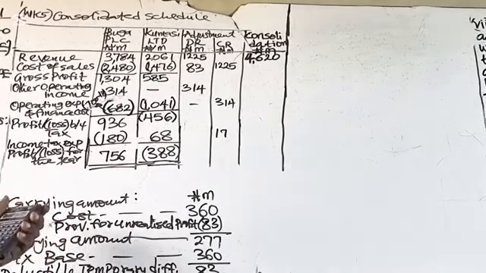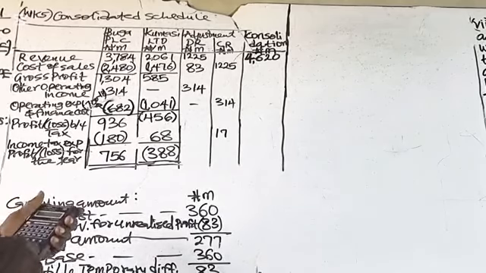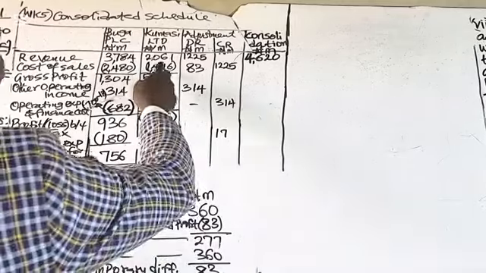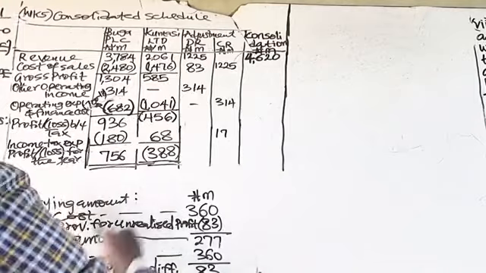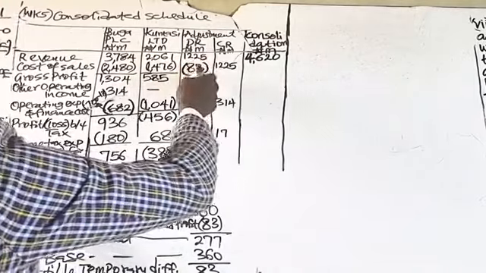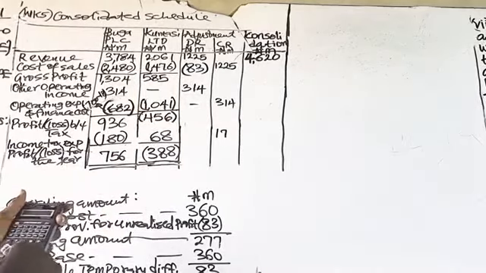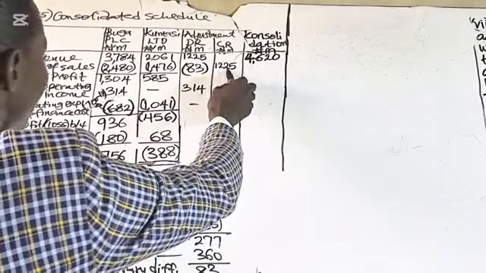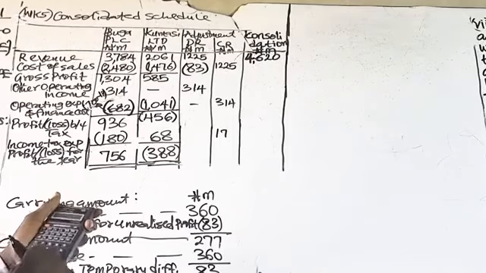You have 2480 plus 1476. Since expenses are having a debit balance, and this is debited, that means you are to add it. Then we have plus 83. While this one that is credited is to be subtracted, minus 1225.